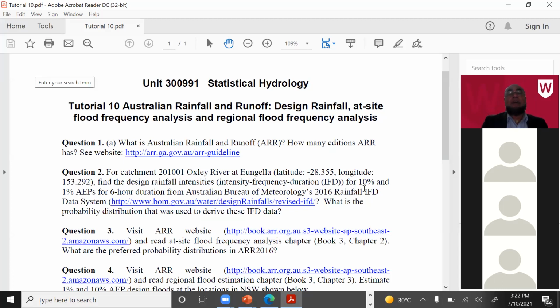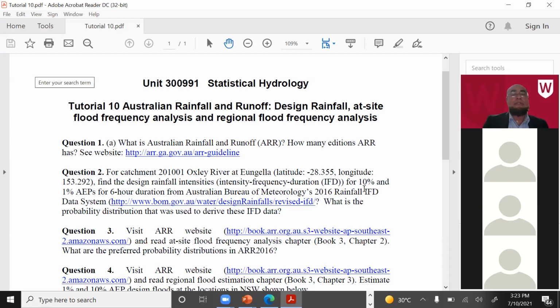Yeah, it's millimeter. For 10%, can you click on the top button? There is a millimeter per hour option. So tell me the value in millimeter per hour. Yes, millimeter per hour. So how much is that? Now it is 46 for 1% AEP and 26.3 for 10% AEP. That tends to be too much.